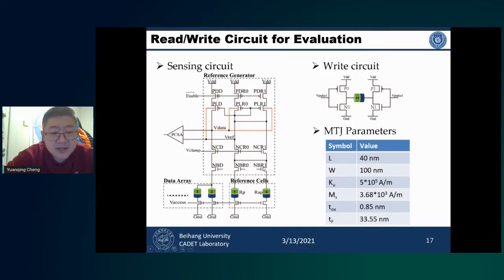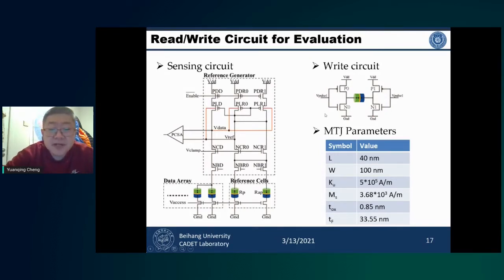They work together to generate a reference current. And when we read the 1T1MTG cell, we also inject a current through the memory cell. By comparing the current through the memory cell and the reference current, or comparing the voltages on the two branches, we can tell what data are stored in the MTG cells.